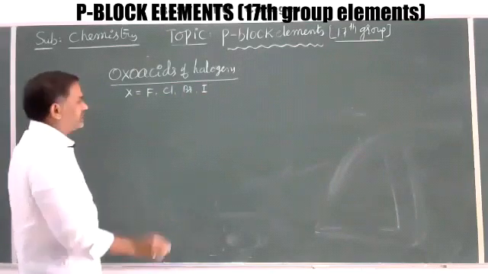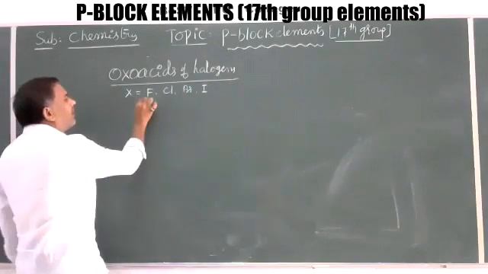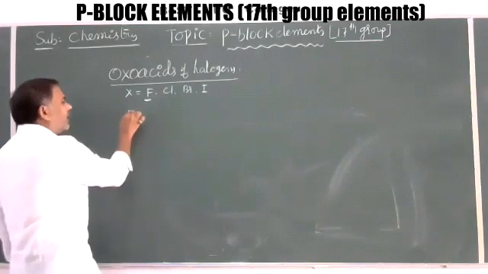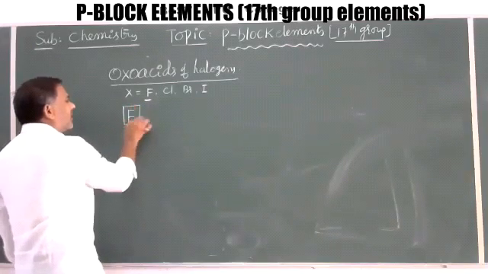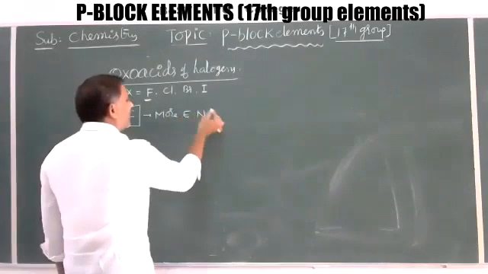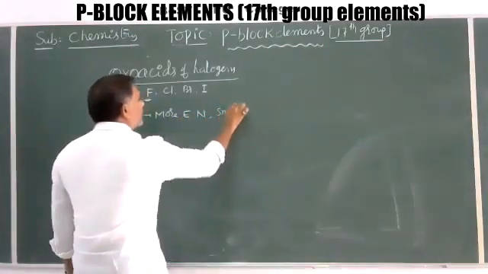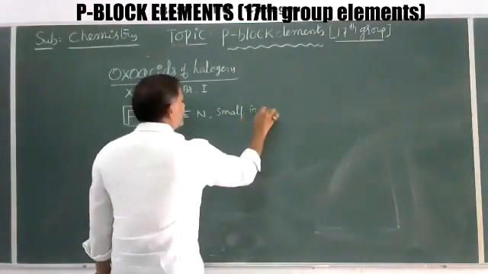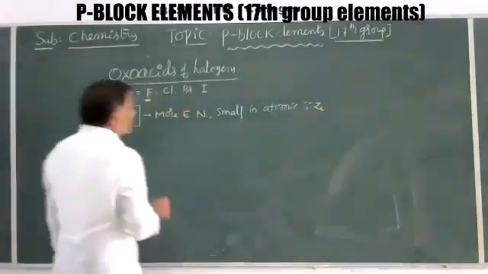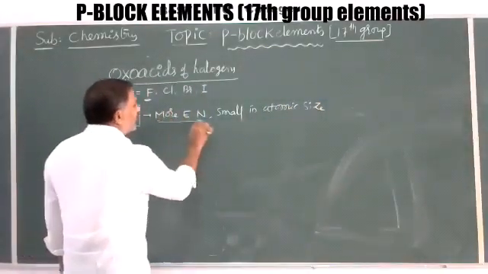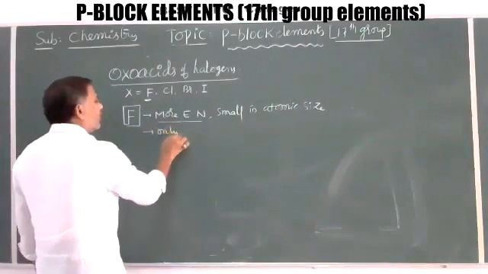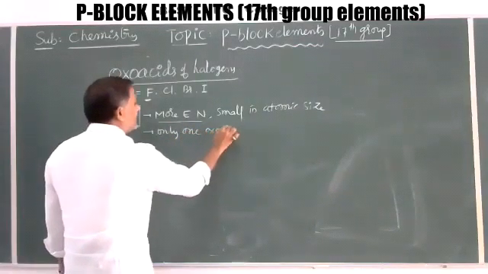Astatine is a radioactive element. Among these, fluorine is the most electronegative element and is small in atomic size. So due to its small atomic size and high electronegativity, fluorine forms only one oxo acid.